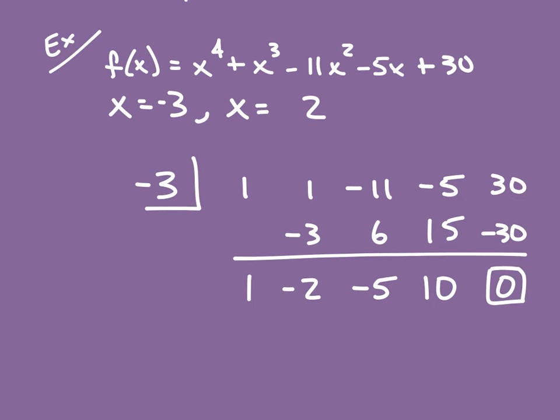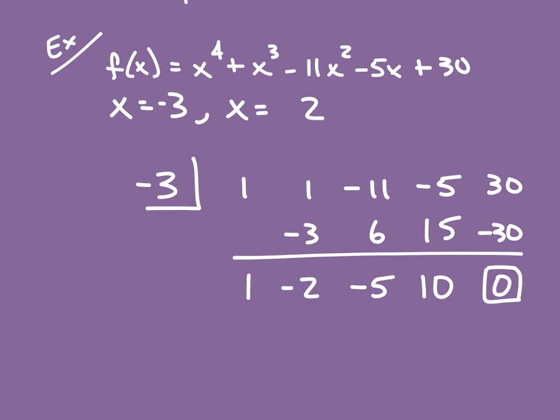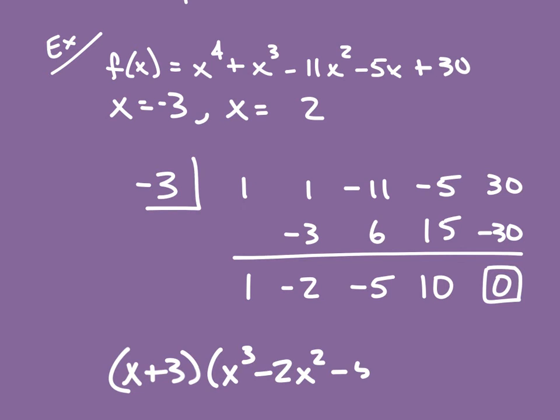And when we do this, here's what we're doing when we're doing synthetic division. When we have x equals negative 3 as a factor, we have x plus 3. The result down here is a degree 3 polynomial. And so this is x cubed minus 2x squared minus 5x and then plus 10.